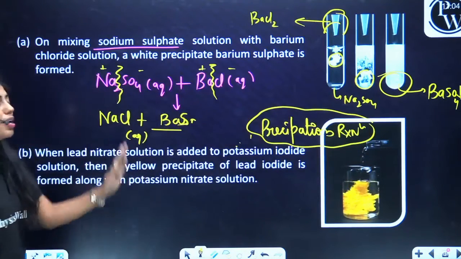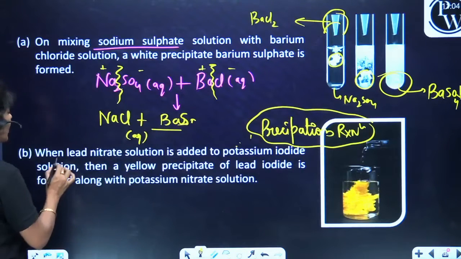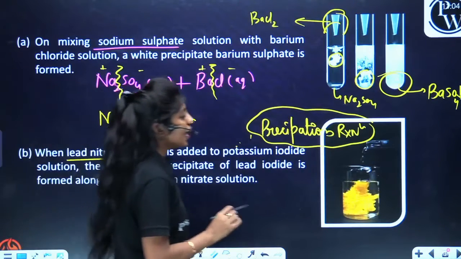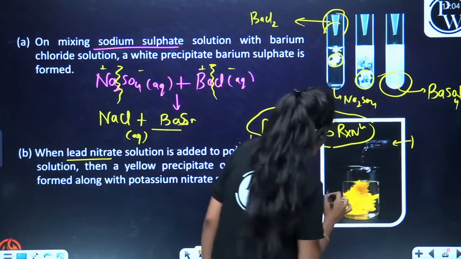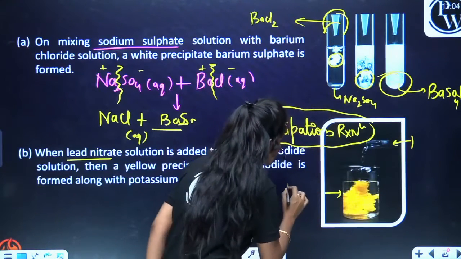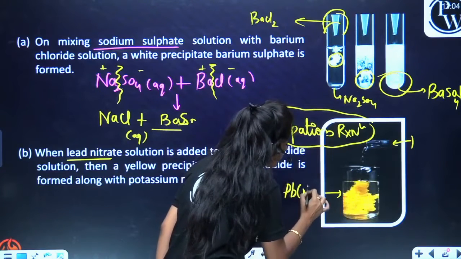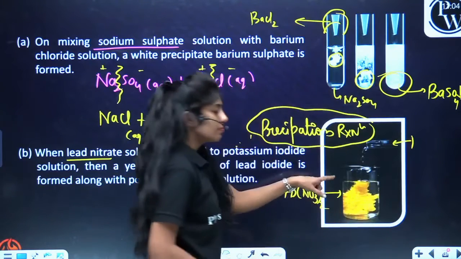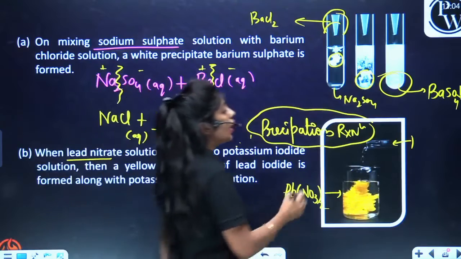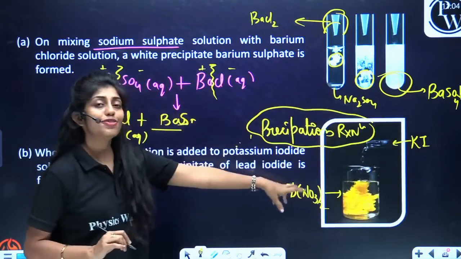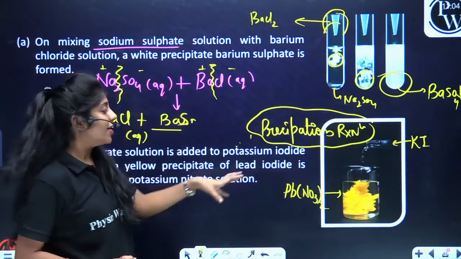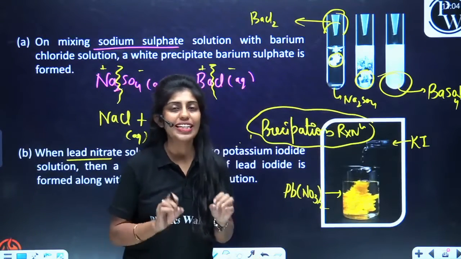Again, we have one more activity from NCERT. Suppose I am making a lead nitrate solution. This is the lead nitrate, which is colorless. Now I am adding another solution of potassium iodide. So what happens? There is formation of a yellow colored precipitate, insoluble.